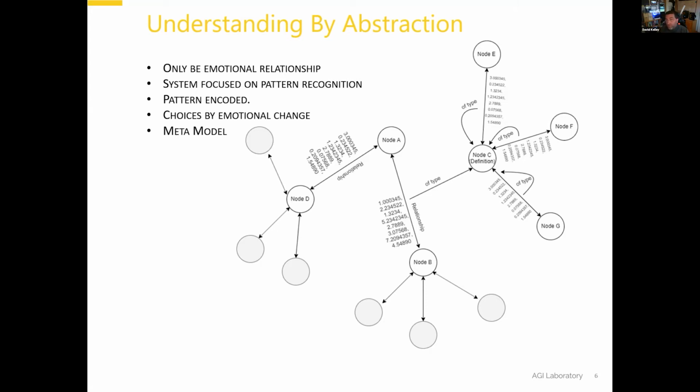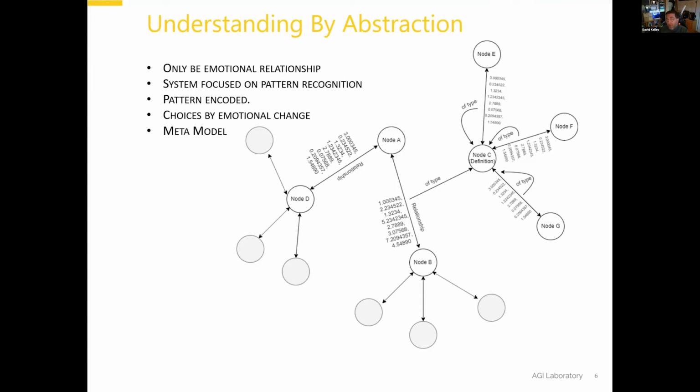And another problem we found, which I'll just touch on briefly here, is that graph models typically don't have edges or those relationships of type of another node, which for how we're using it, we needed to do, and so that had caused some problems. But this is how the system is representing data or knowledge or experiences or input or whatever it is, and then the generation of this stuff is focused on pattern recognition.